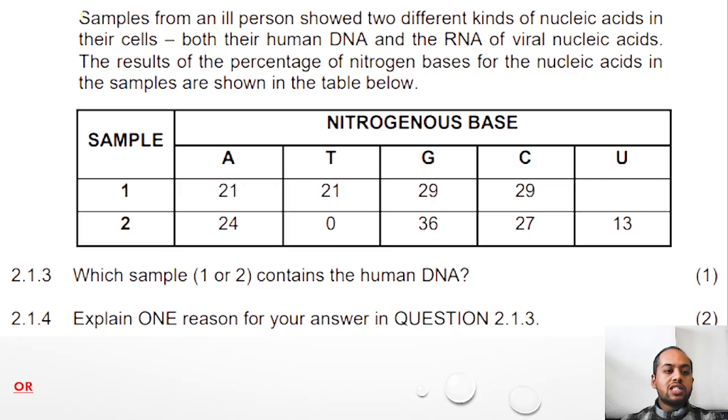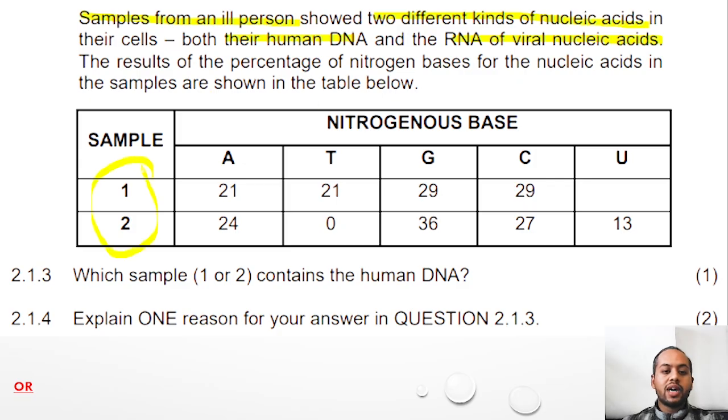The next question says that samples from an ill person showed 2 different kinds of nucleic acid in their cells, both the human DNA and the RNA of viral nucleic acids. The results of the percentage of nitrogen bases for the nucleic acids in the sample are shown in the table below.